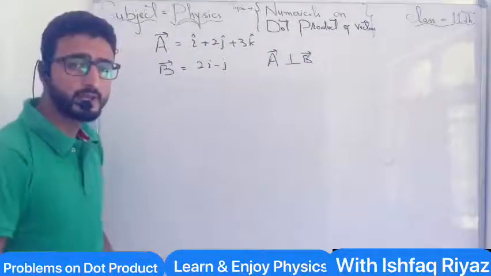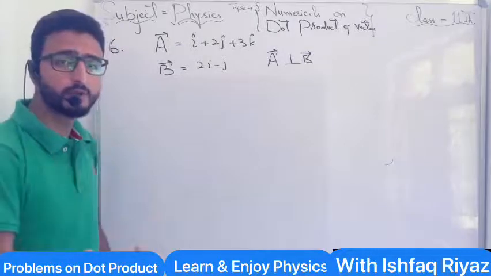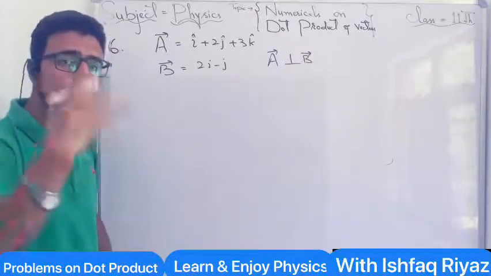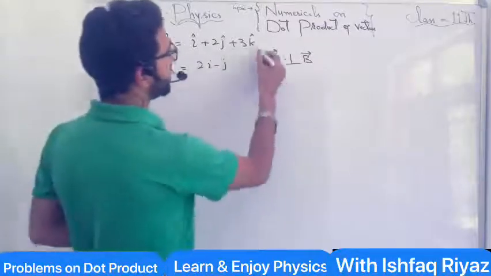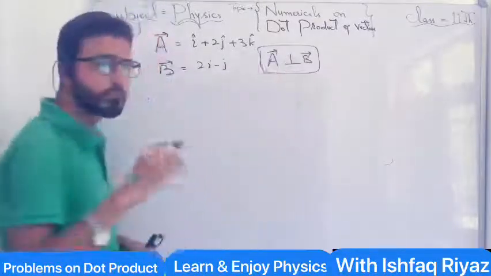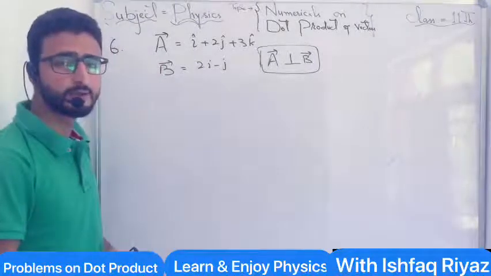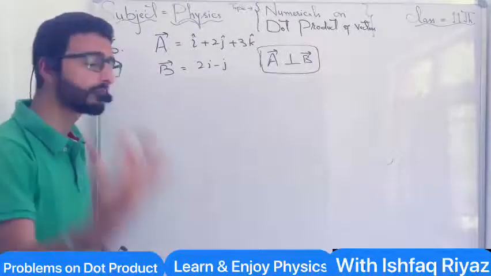Do you remember the condition for the two vectors to be perpendicular? Yes, their dot product must be equal to 0. Let us try to calculate the dot product between A and B. If it comes out 0, then we can necessarily conclude that the two vectors are perpendicular to each other.